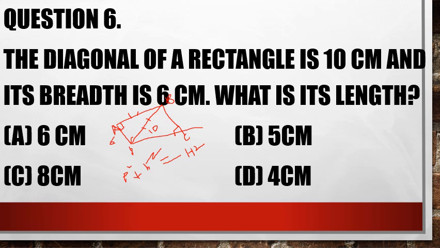We have to find base square: h square means 100, minus p square, p means 6, perpendicular is 6, so 6 square equal to 36. The difference will be 64, b square equal to 64.